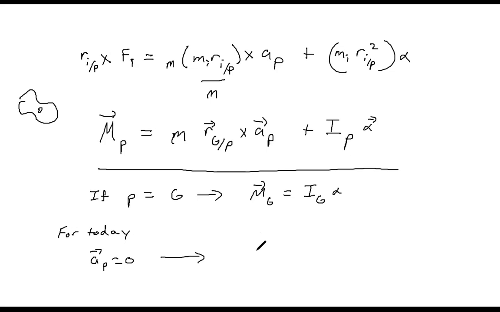So if P is the pinned point or the pivot point, it's not moving, so the acceleration of that point is 0. Set that to 0, and then I can find the moments about that point.